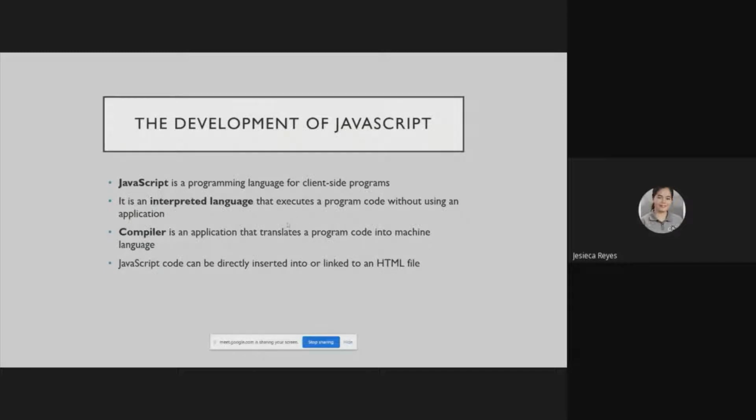When we create JavaScript, this code can be directly inserted into the HTML file or linked to an HTML file. Inserted directly into an HTML file using the embedded script, and linked to an HTML file using the external JavaScript.